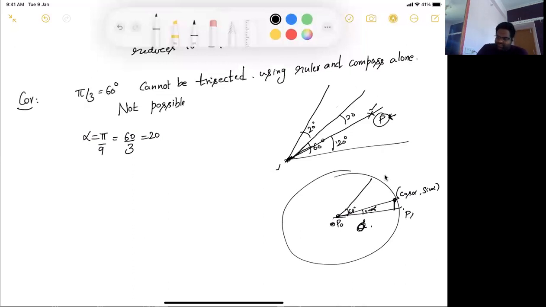Then what is the equation of this line? It is x sin alpha is equal to y cos alpha. So from this it follows that cos alpha comma sin alpha is constructible. If you are able to trisect the given angle, then it follows that cos alpha comma sin alpha is constructible.